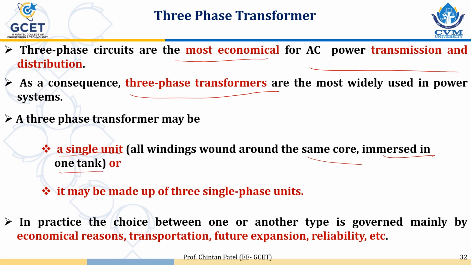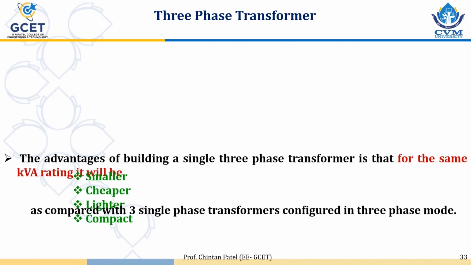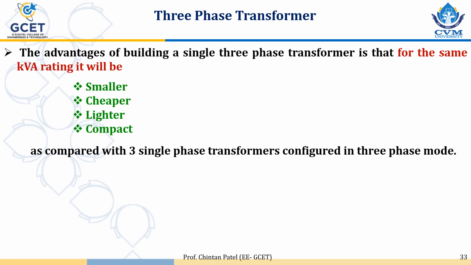In practice, the choice between these two, whether a single unit or made up of three separate single phase units connected in star or delta, depends on the application: economical reasons, transportation, future expansion, reliability, cost, etc. For the same kVA rating, a single three-phase transformer is cheaper, smaller, lighter in weight and compact as compared with three single-phase transformers connected in three-phase mode.